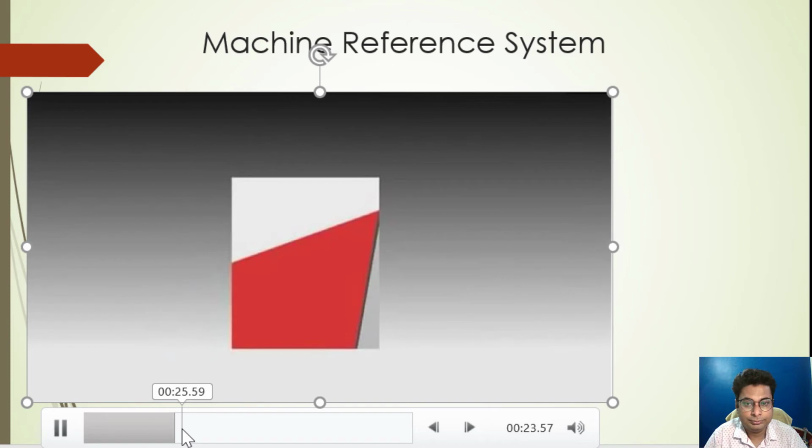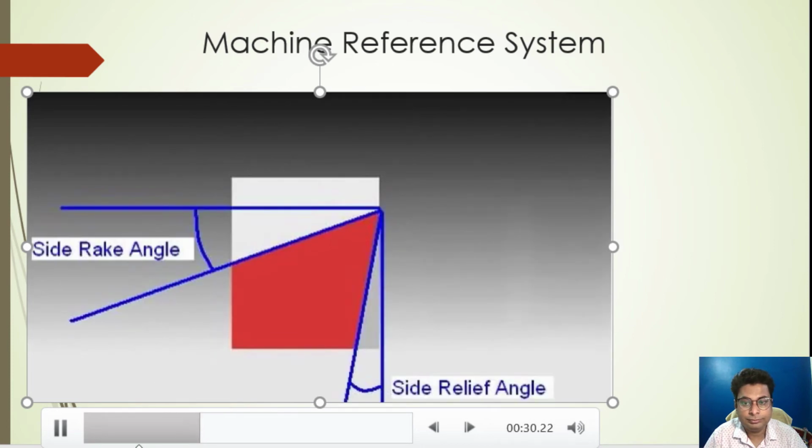So this is your side rake angle, measured with pi r on pi x, and this is the side relief angle measured on pi x with pi y. In this longitudinal direction, this line is your pi y.